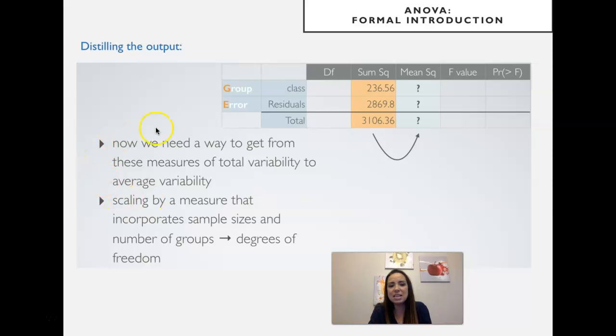And it kind of makes sense that, for instance, for the sums of squares related to group, I am going to use the number of groups. It's related, I have to scale by the number of groups I use to compute deviations. For the total squares, I used many more scores to compute my deviation.